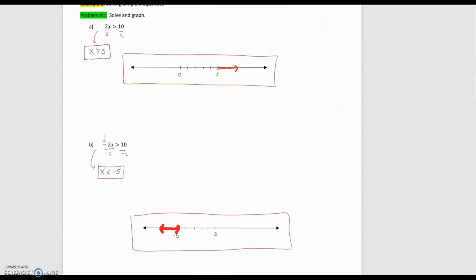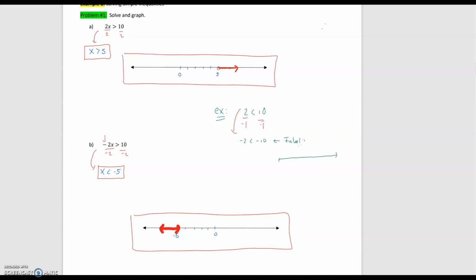Let me put it in green because it's not part of this problem. Now, notice that if you have the values of 2 is actually less than 10. And if you divide 2 by a negative 1 and divide by a negative 1, you would end up with, if you don't flip the inequality, a statement that says negative 2 is less than negative 10, which is actually false.